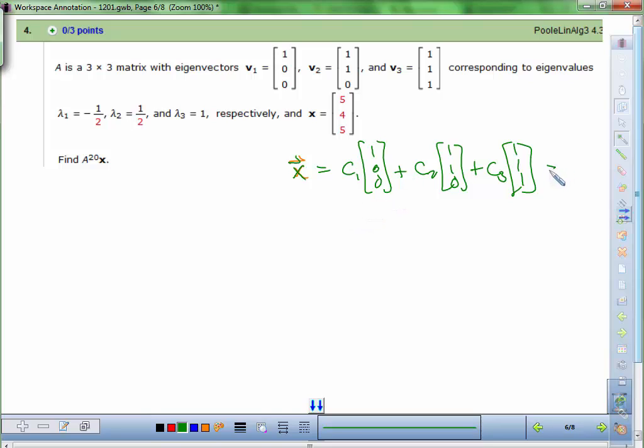So if we can eyeball it, that would be great. Otherwise, we'd have to do some system of linear equations business. 5, 4, and 5. Can we just from here figure out what C1, C2, and C3 might be equal to? So 1, minus 1, and 5, that would work? All right, good. So we got C1, C2, and C3.